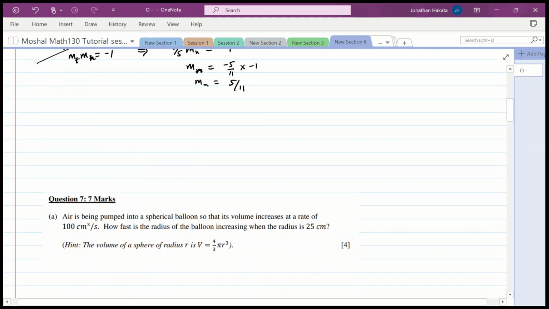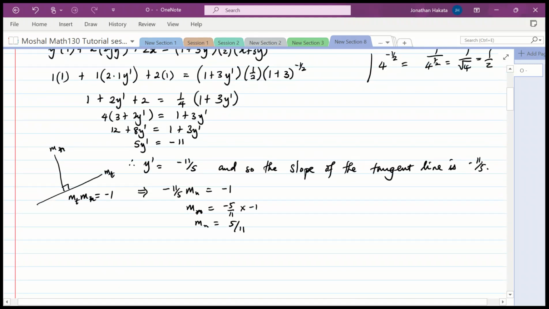Now, having found the gradient of the normal line, we can use this equation, so this is part B. From y minus y1 equal to m into x minus x1, where x1, y1 is the given point, we can just say y minus y1. Okay, so x1, y1 is known to be equal to 1, 1 according to the question.